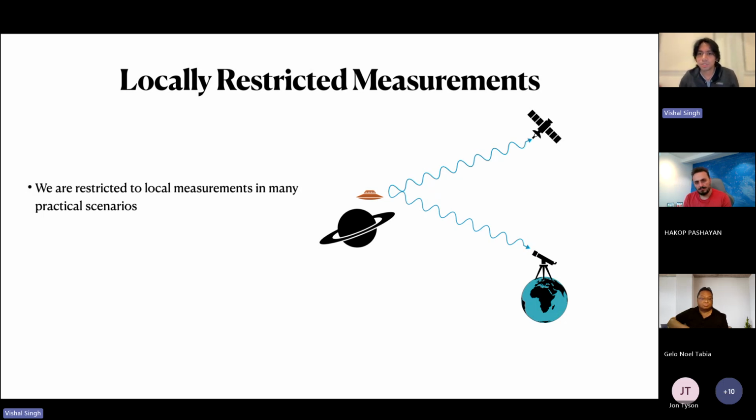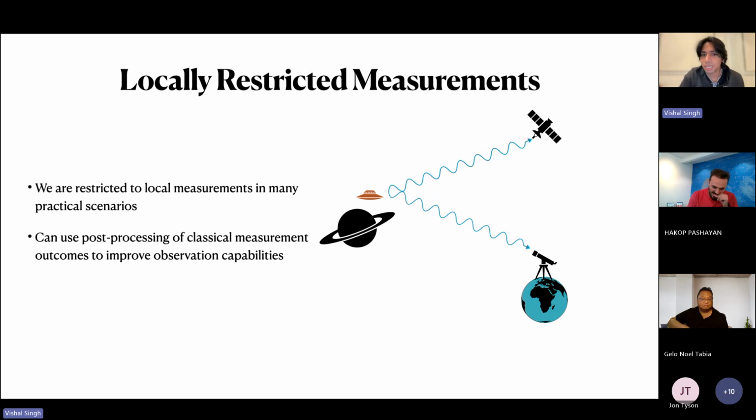And as such, that would not give you anything else because you can never know if they were entangled or not. But you can share the classical data that you get out of it and do some classical post processing, and that might actually help you figure out if they were entangled or not. So it's not as good as doing a joint measurement, but it's not as bad as just doing local measurements without any classical post processing.